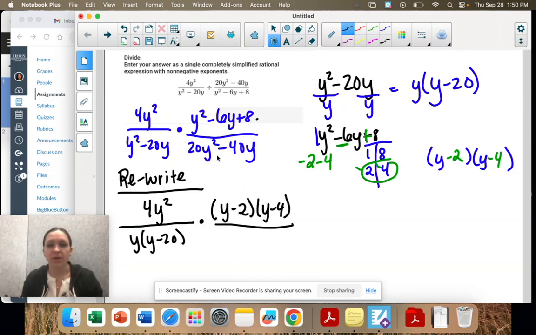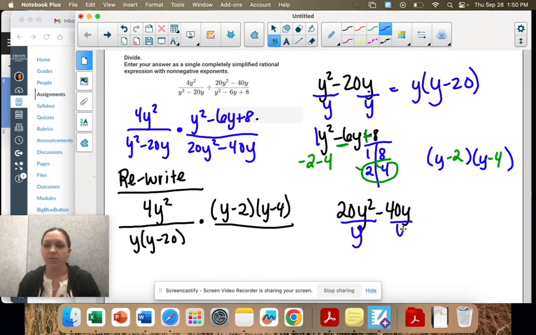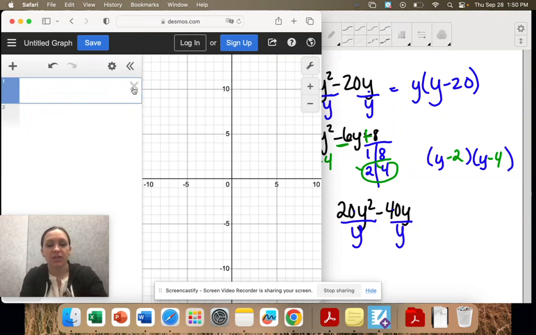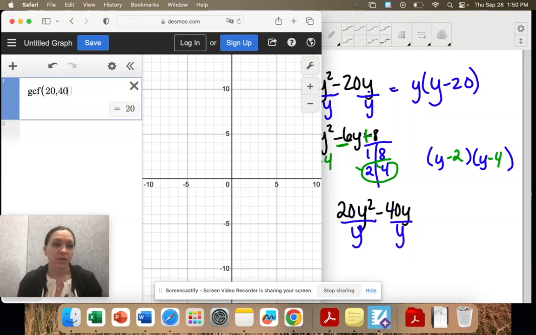One more. Divide by 20y squared minus 40y. Okay, that takes us back to what we did up here. They both have a y. Let's take it out. But now we have numbers. 20 and 40 have a greatest common factor. They both divide by, let me show you a trick. If you struggle with greatest common factor, Desmos does it. GCF, 20, 40.